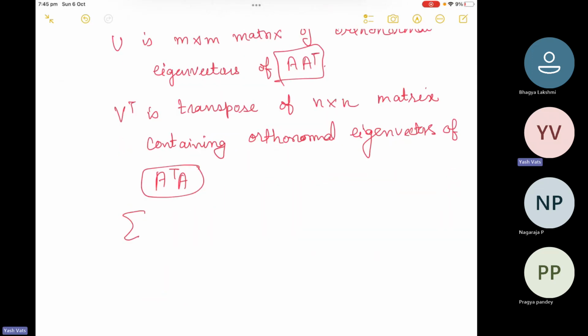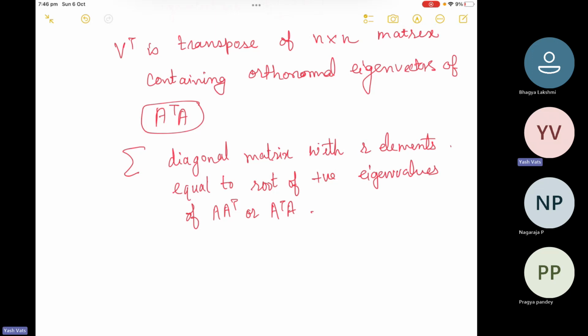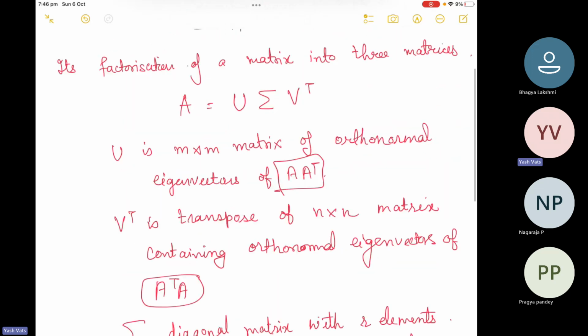And what about this sigma? Sigma is basically a diagonal matrix with r elements equal to the root of the positive eigenvalues of A A transpose or A transpose A. So it's basically the square root of the eigenvalues of A transpose A. So is this clear to everyone?